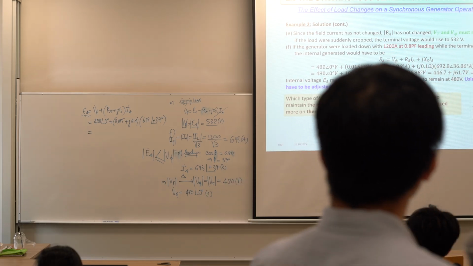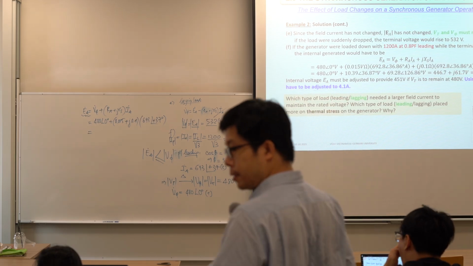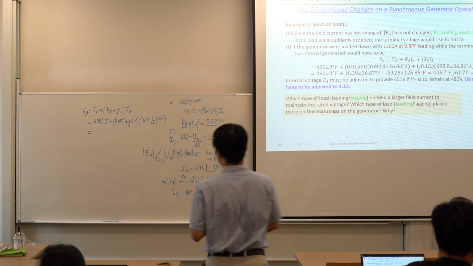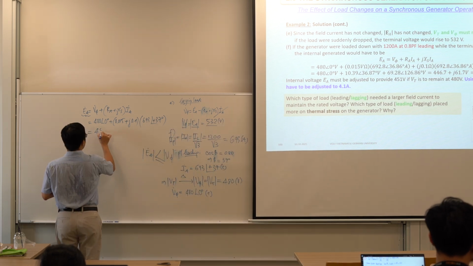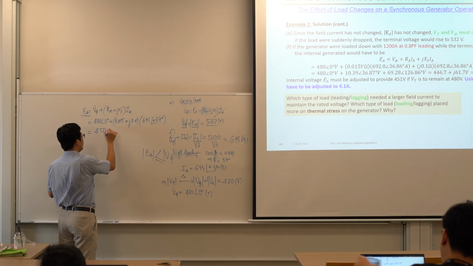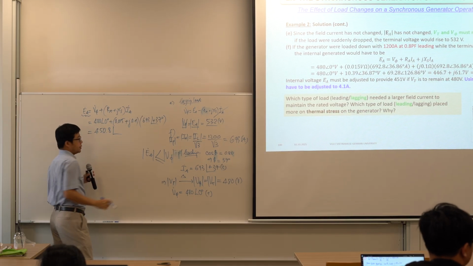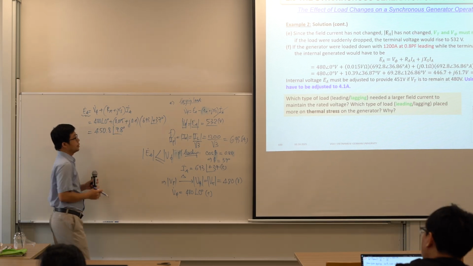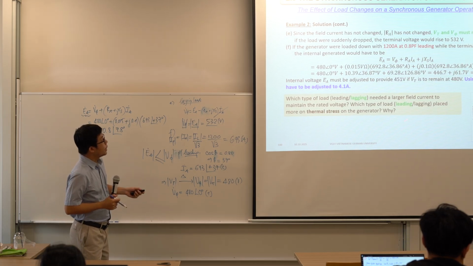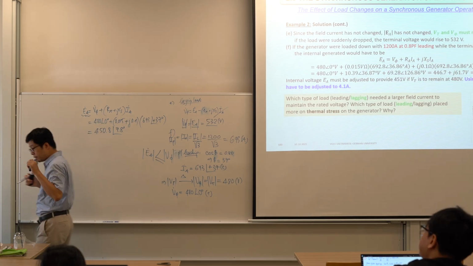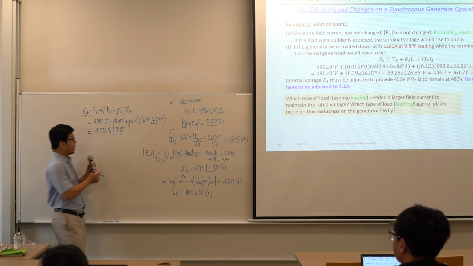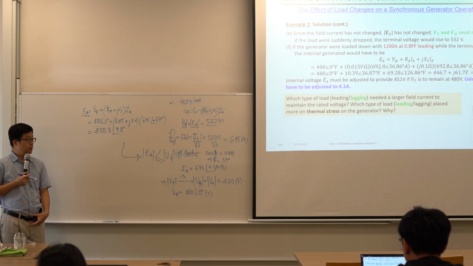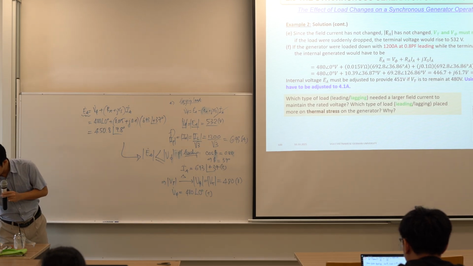We get 450.82 volt, phase angle 7.8 degrees. Now check. You understand? And then we satisfy the theory.